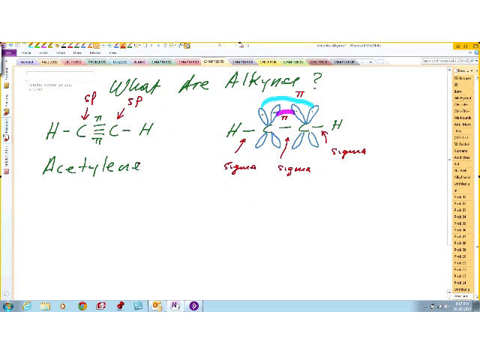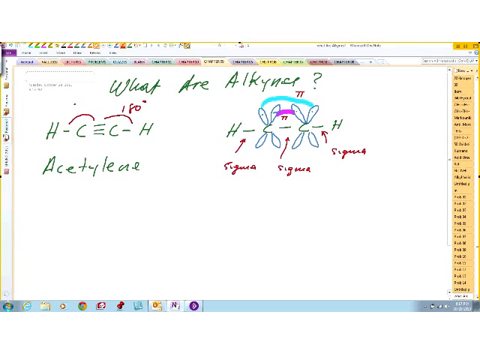Now let us begin to take a look at the nomenclature of alkynes. Oh, by the way, I do also want to let you know before we get to nomenclature that the bond angle here between this carbon hydrogen and this carbon here is 180 degrees.